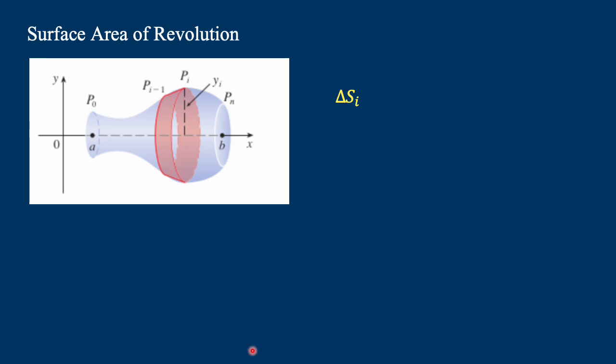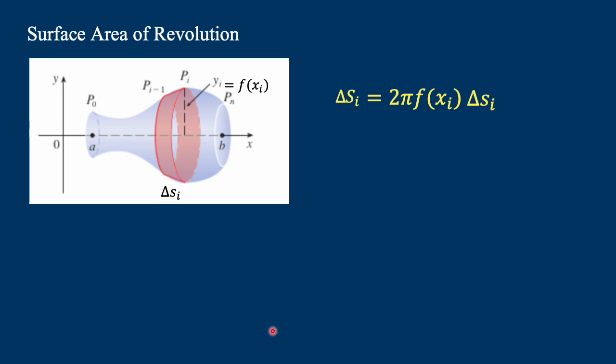First, we have to find the radius and circumference. The radius is yi, which means f(xi). The circumference of that is 2 pi times f(xi). Then we have the length of the strip, that's the arc element delta si.